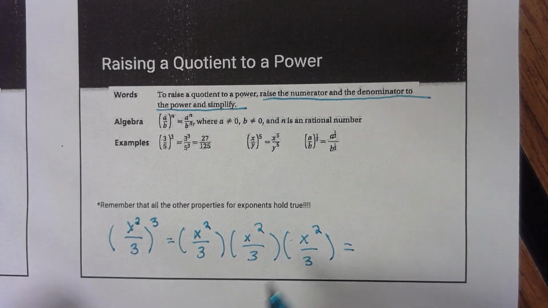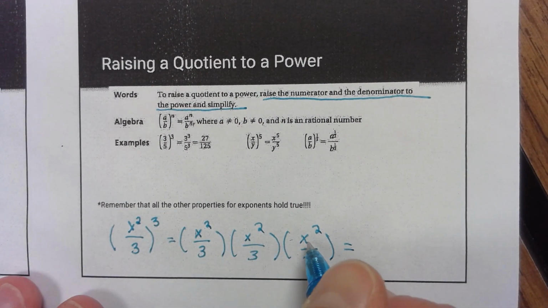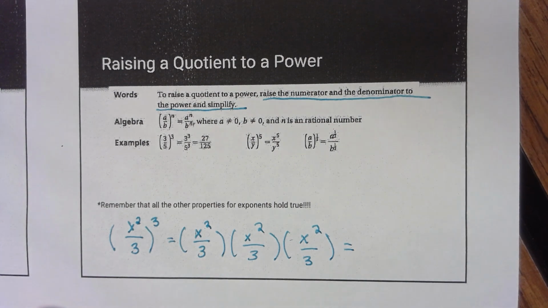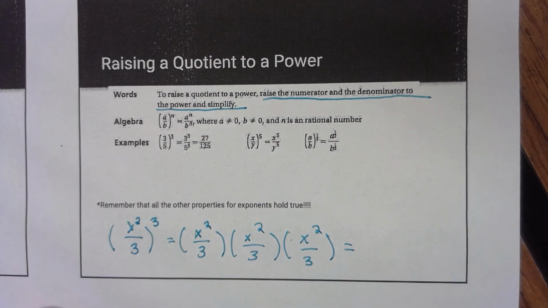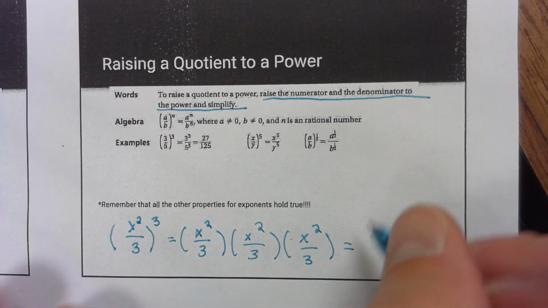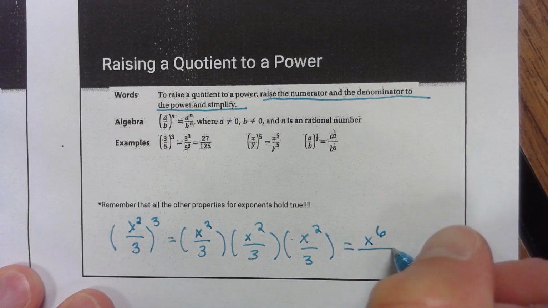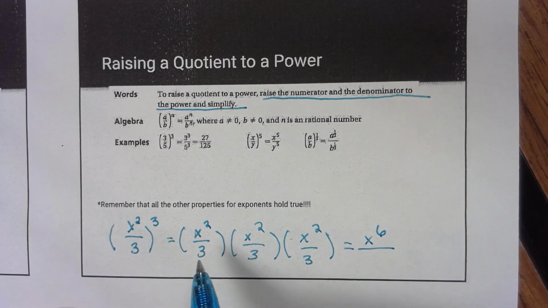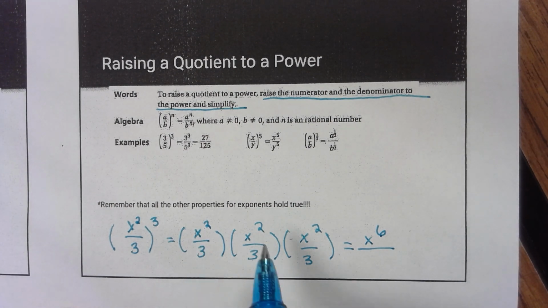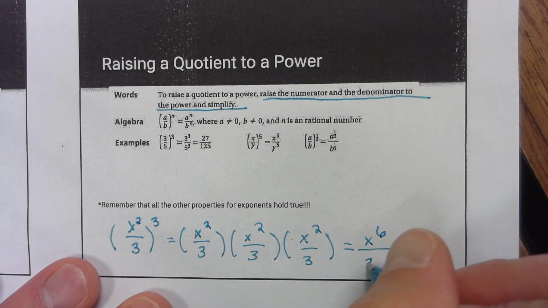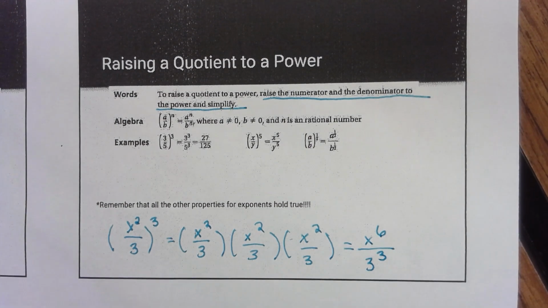So in my numerator, when I do x squared times x squared times x squared, that's the same base being multiplied, where I add those exponents. So 2 plus 2 plus 2 is 6. So I get x to the 6th. In the denominator, I have 3 times 3 times 3, which can be written as 3 cubed.